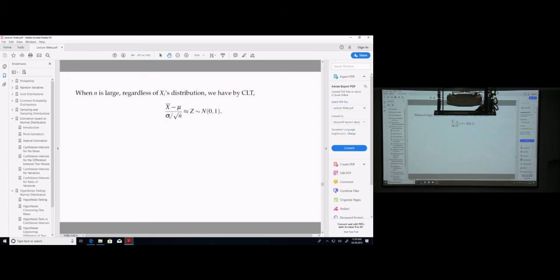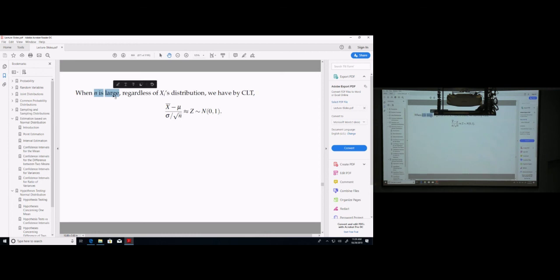The difference between this slide and the previous slide is this. The previous slide makes an assumption that Xi is normally distributed. If you want to forego this assumption, the next slide says that if we do not assume anything about Xi, then we have to borrow the strength from the central limit theorem, and so we need to assume n is large. So they are two different assumptions.